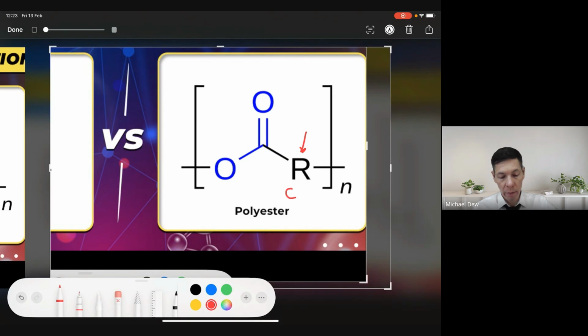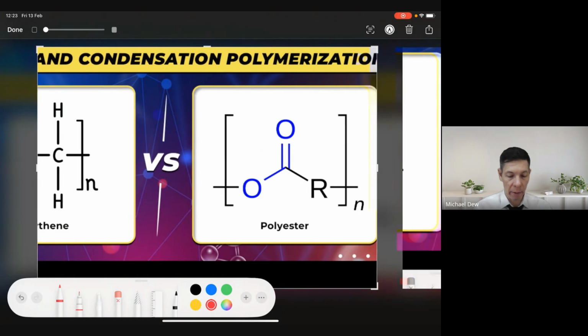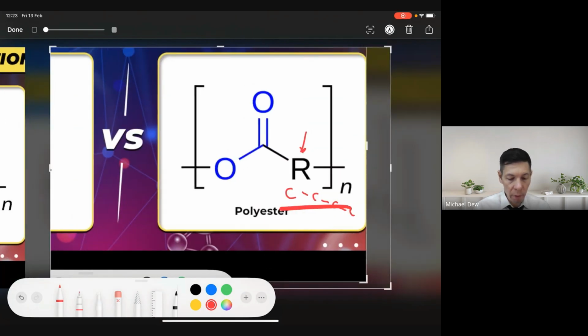So it could be 2 carbons, it could be 3, it could be 4, whatever it might be. Okay, so that's what the R stands for. So it's carbon with a double bonded oxygen and a single bonded oxygen. That would be an ester bond. And then over here on the left, that would be another carbon, and then the rest of that structure, which could be 2 or 3 carbons. Okay. All right.